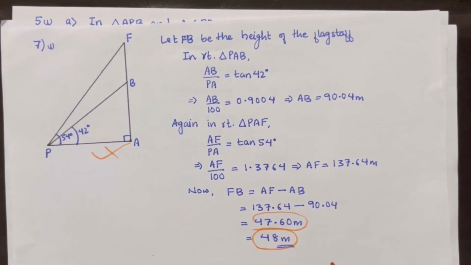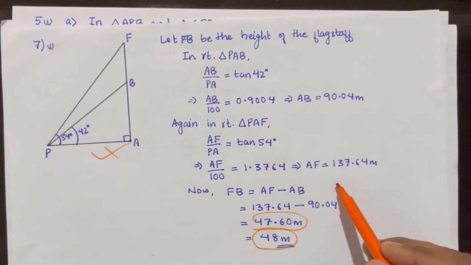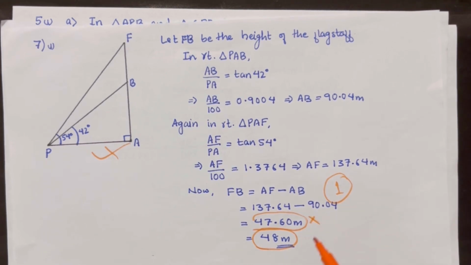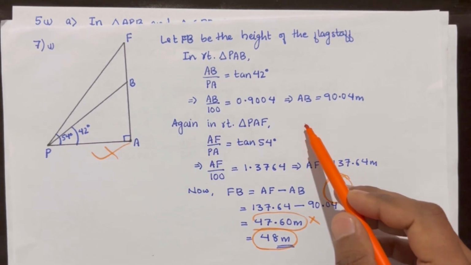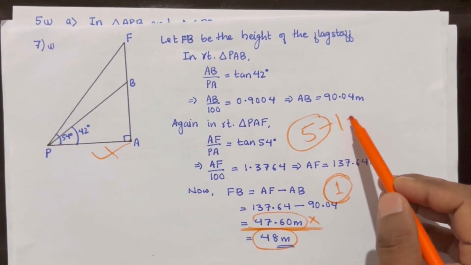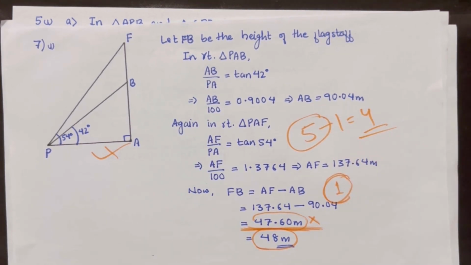Then only you will get the full marks, because in every question there is 1 mark for the final answer. If you leave the answer till here only, you won't get that 1 mark. This question is of 5 marks, and if everything is correct but you leave your answer here only, then 1 mark will be deducted and you will get only 4.